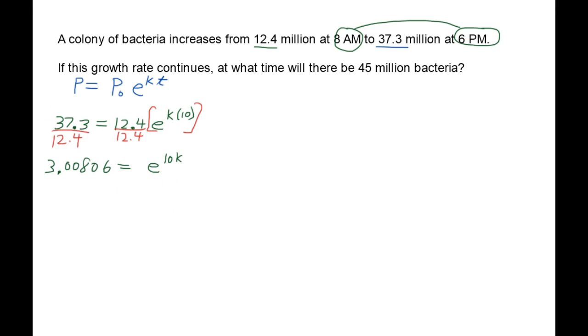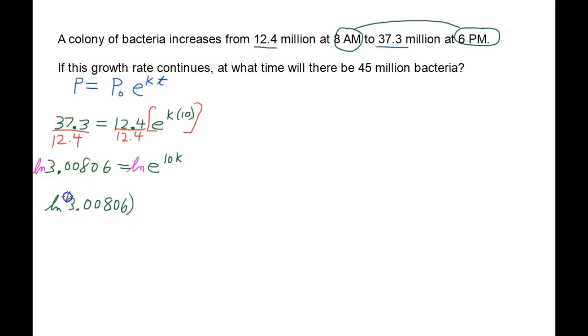Now when we have the base and its exponent isolated and we need to solve for the exponent, you can take the logarithm of each side. I'm in the habit of taking the natural log of each side, because when you have a base of e, something drops out very easily, and I'll show you that in just a minute. So now we have the natural log of 3.00806.